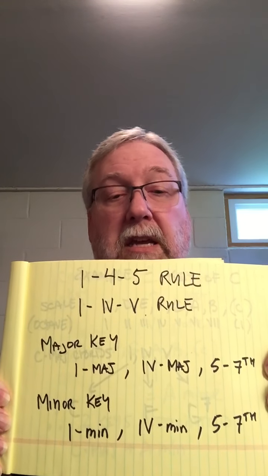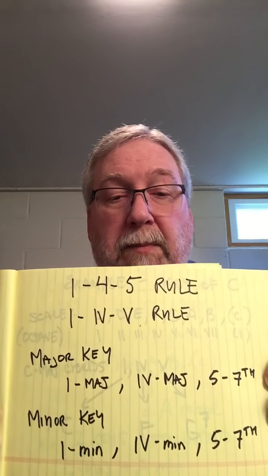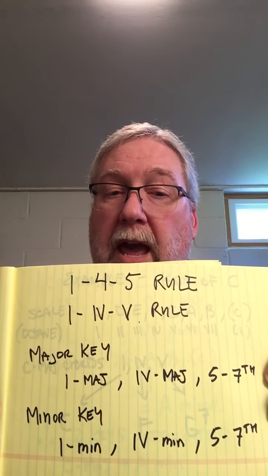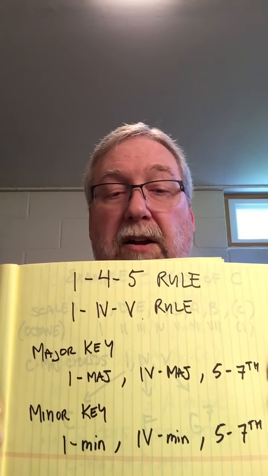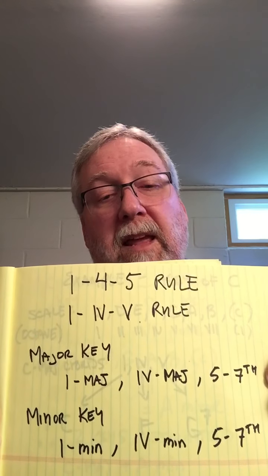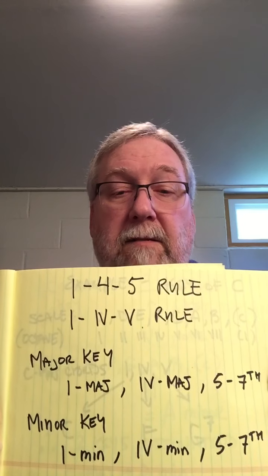So for major keys, if we look at the notes in the scale for that particular key, the three main chords that we can play in that key are going to follow the 1 note, the 4 note, and the 5 note of that scale.